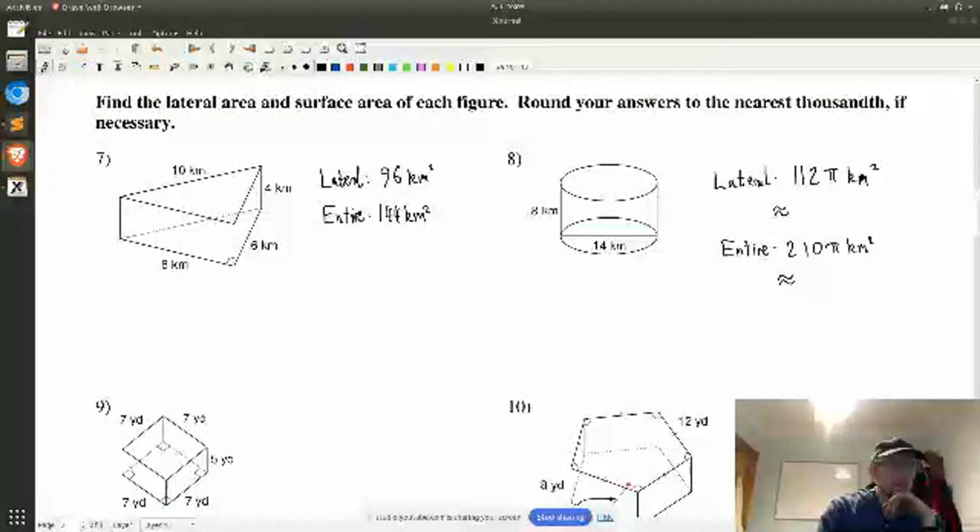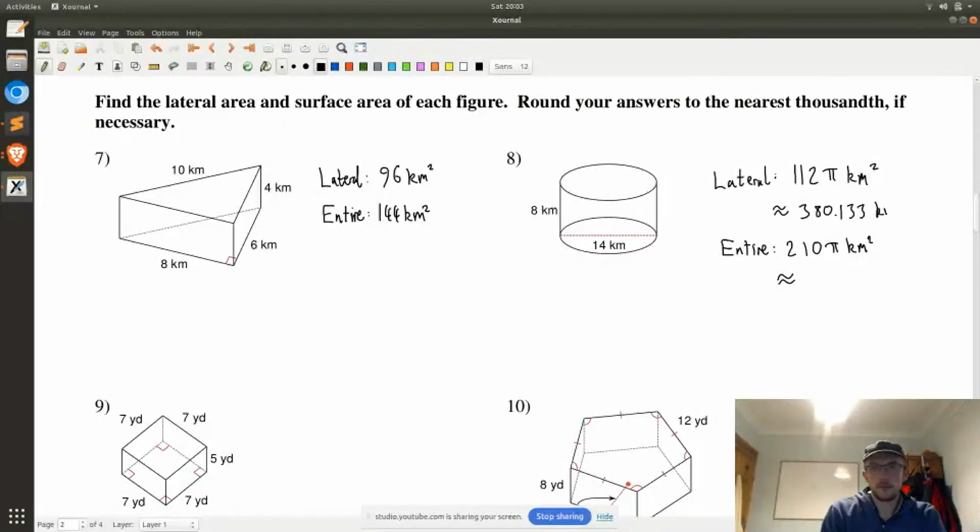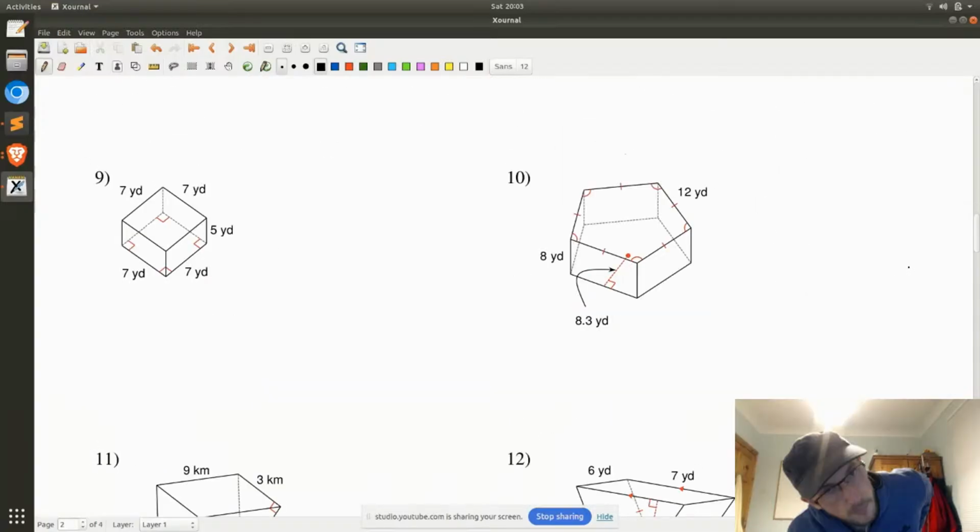About 380 point, to the nearest thousandth, 380.133. Now 210. 659.734.